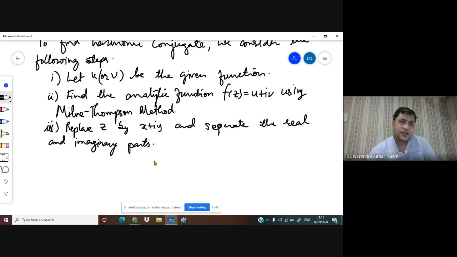If u is given, then I have to find v. If v is given, then I have to find u. This way you are able to get the harmonic conjugate of any function.